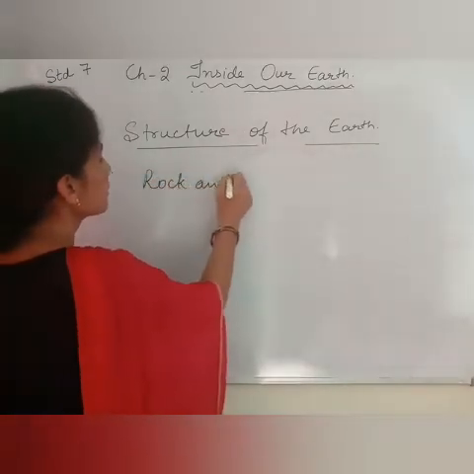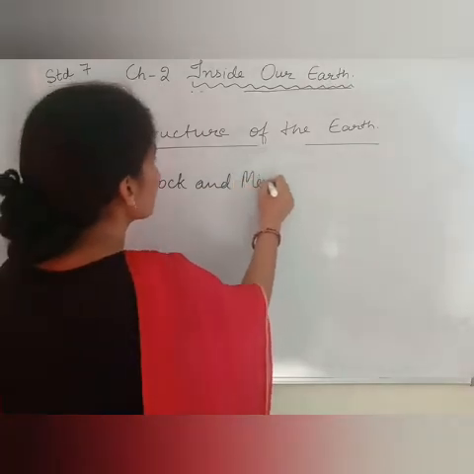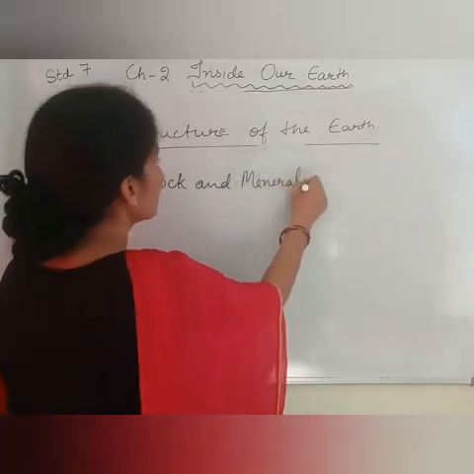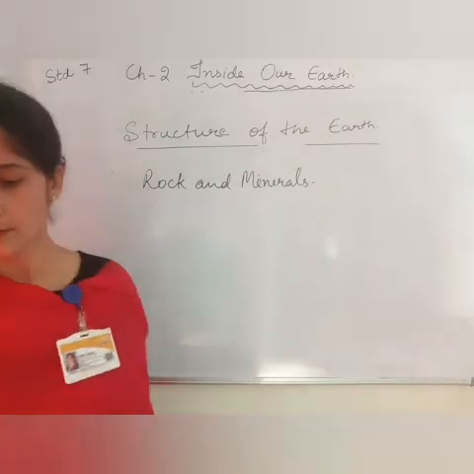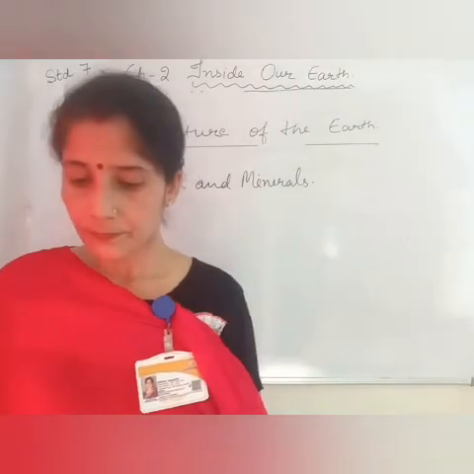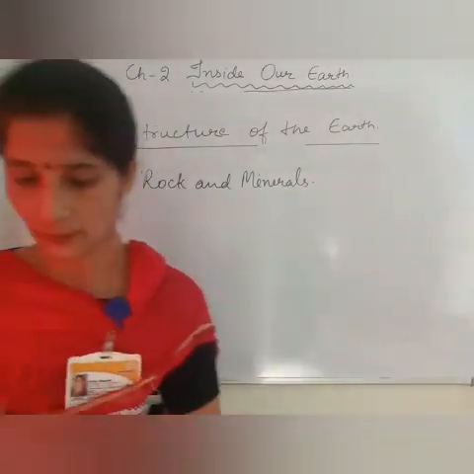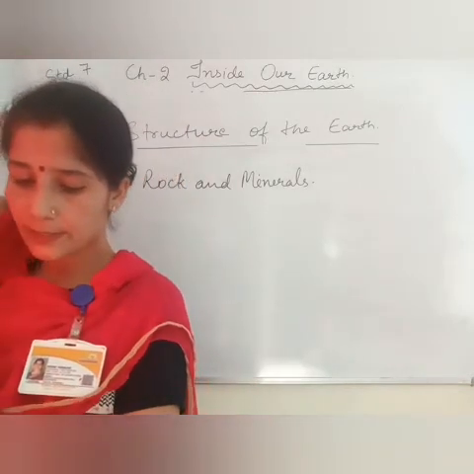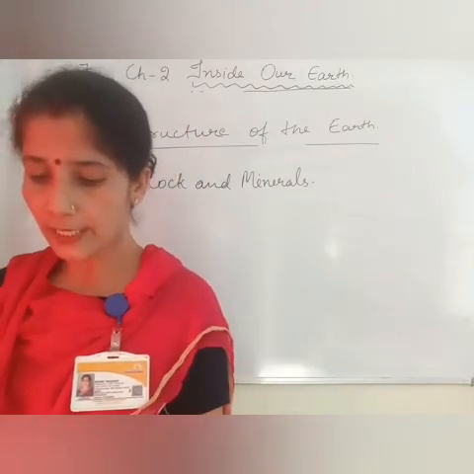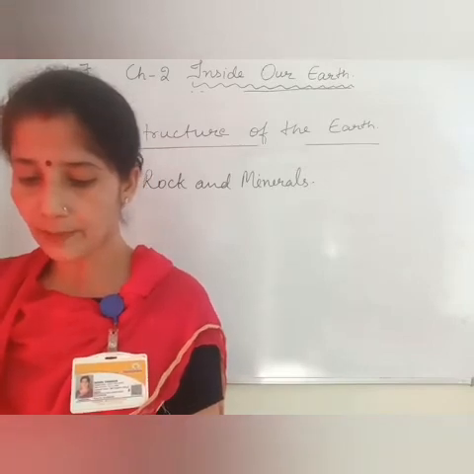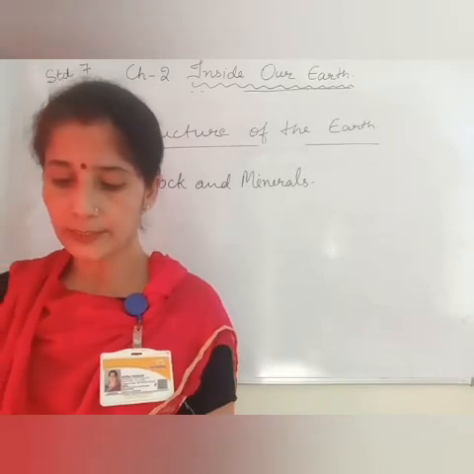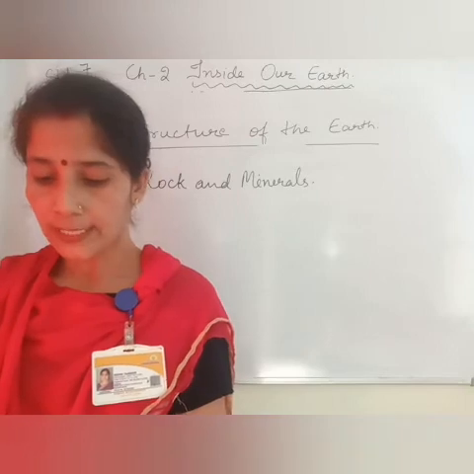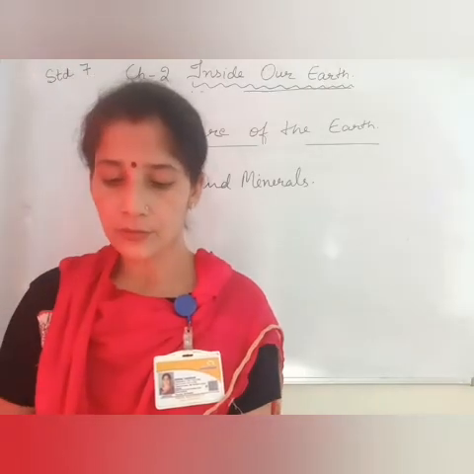Rocks are those material which obtain from the earth crust, and they include not only the hard materials such as granite, marble, but also soft and loose material such as chalk, clay, sand and salt.